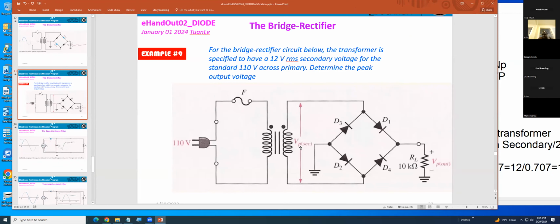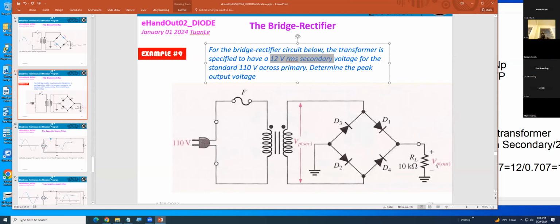And then you said VRMS is 12. Now, did you get the 12 from the VS? Right here. Oh, I'm sorry. Okay. Yeah, that's a V secondary. Right. Okay. You want V peak.